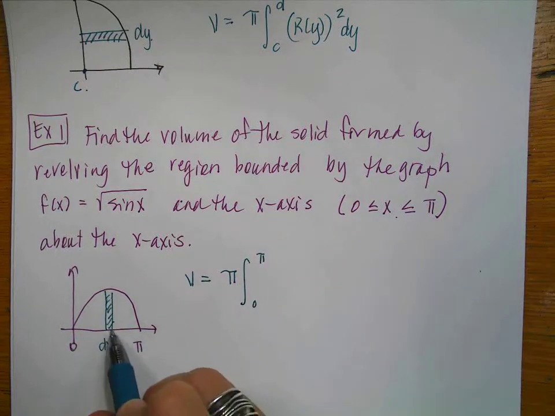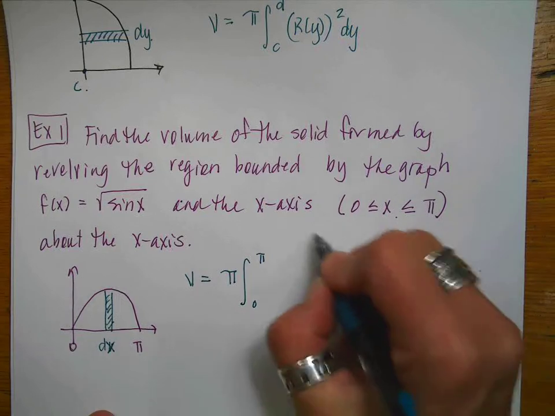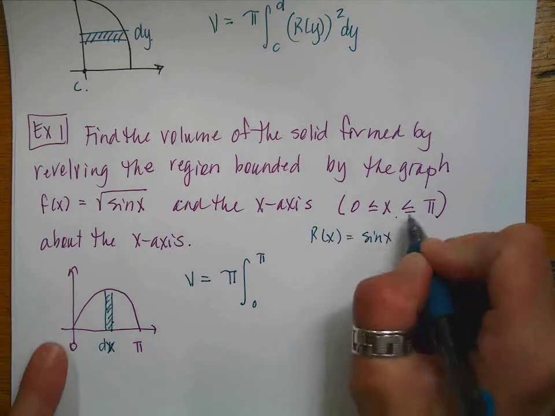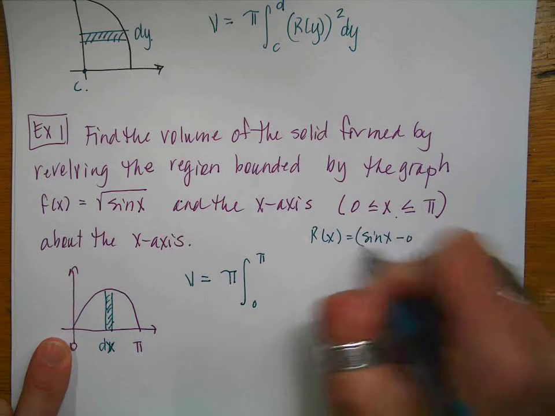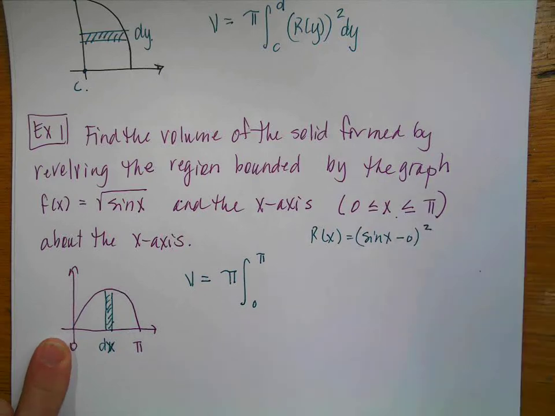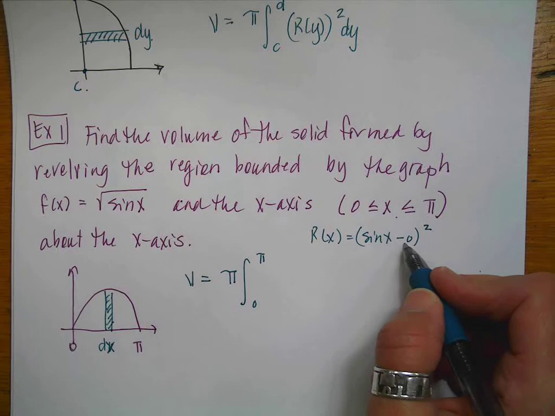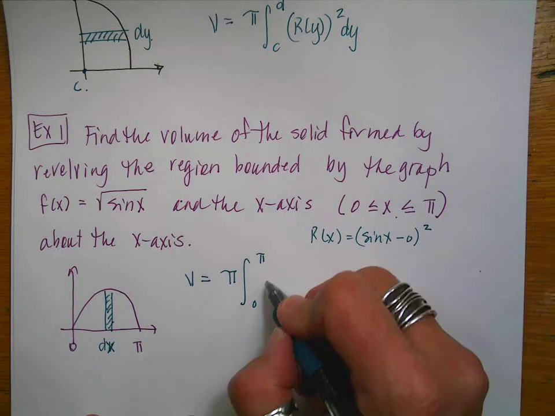And then, because this is sitting on the axis of revolution, my R of x is going to be the sine of x, technically minus 0, quantity squared, okay? So I wrote the 0 because this is going to become important later when we start having holes, right?